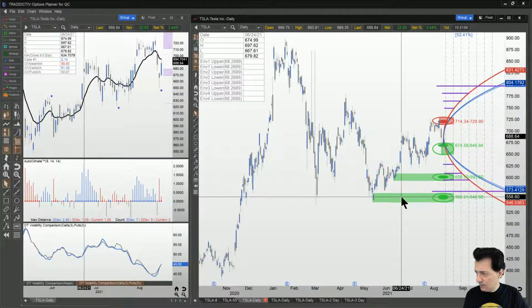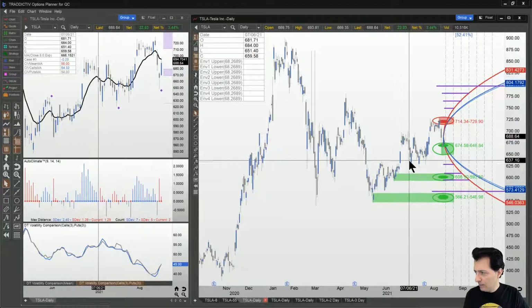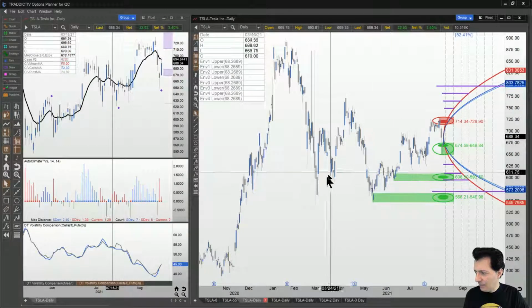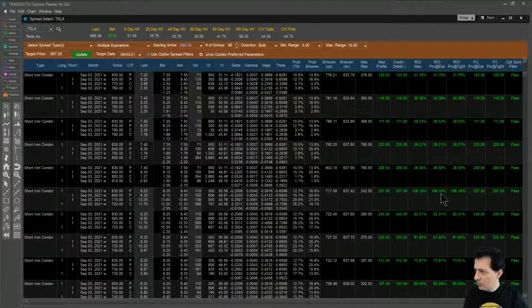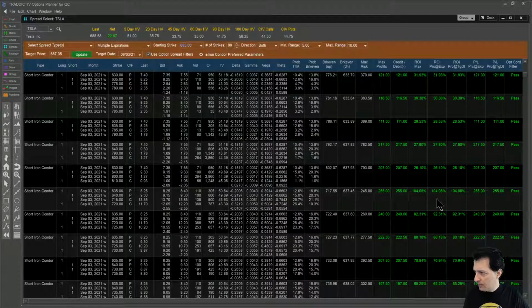Oh no, it's not good enough. We need 568. So what's the return on investment this one is giving? The return on investment is 100%.